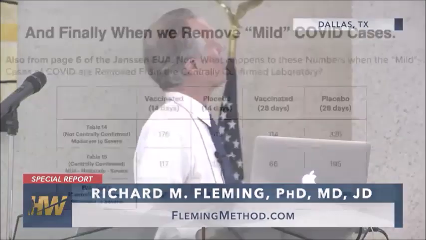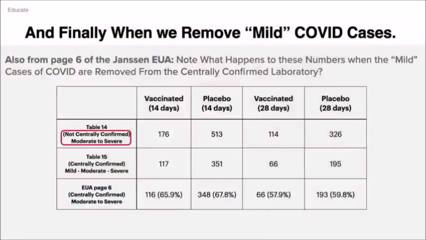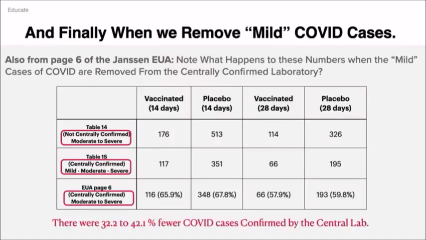Here's what really happens when you compare all the things I showed you. In table 14, non-central lab, moderate and severe, these are the numbers. Go to the centrally confirmed, these are the numbers. Go to centrally confirmed and eliminate mild because, let's be honest, you didn't die with mild COVID.